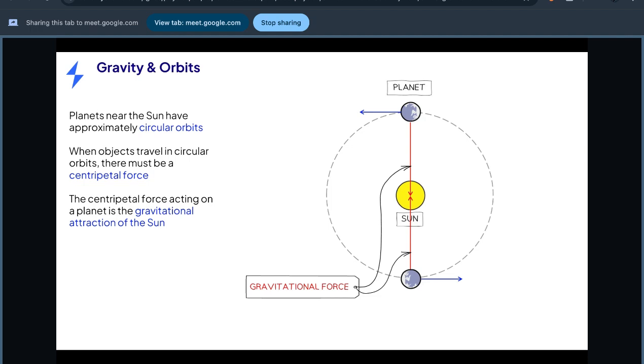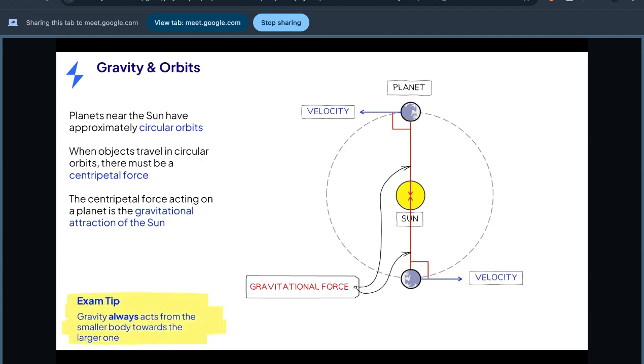This force always points towards the center of the circular path and acts at right angles to the velocity. When showing the gravitational force acting on an object, always draw the arrow from the smaller body to the larger one. This is because gravitational forces are attractive and always act towards the center of the larger body.